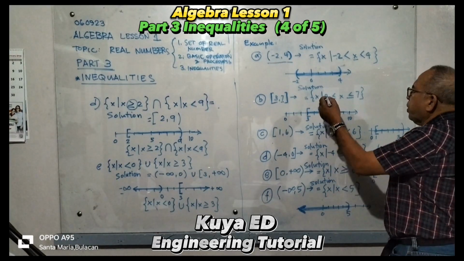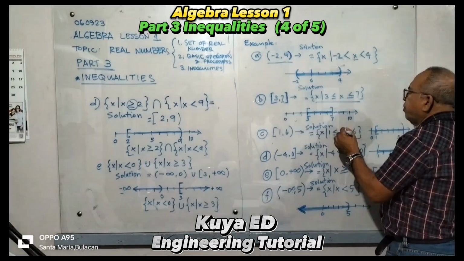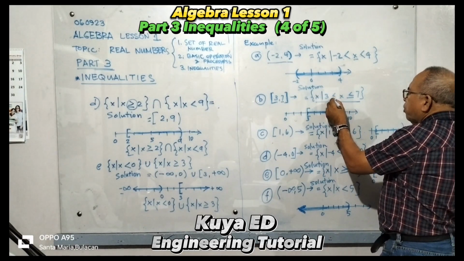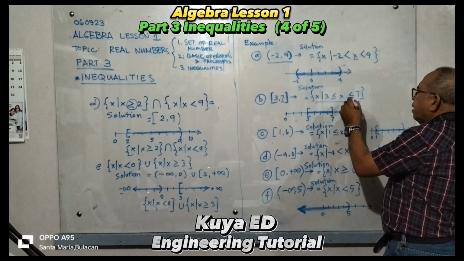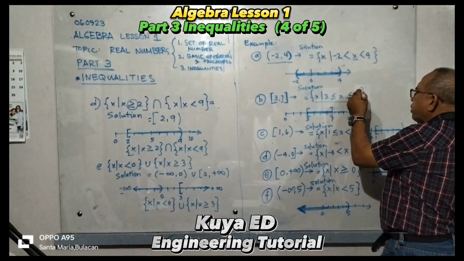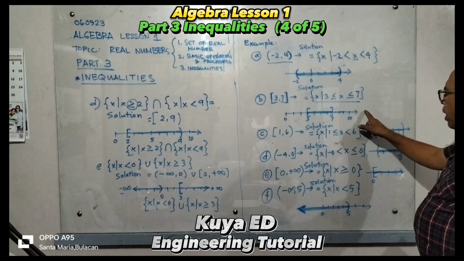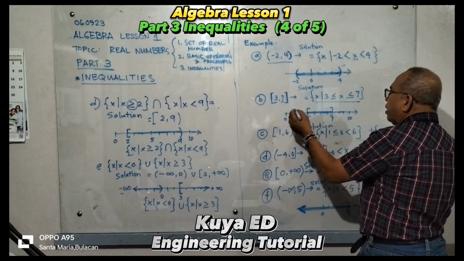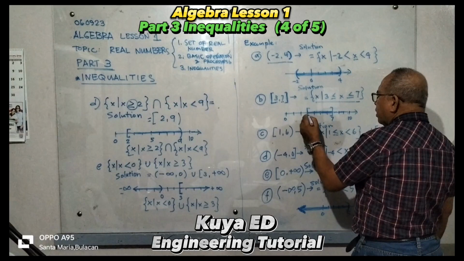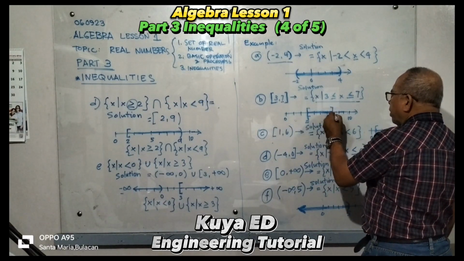So that's why our expression here, interpretation of the term, we have x such that 3 less than or equal to x, then x is less than or equal to 7. Now, the drawing is expressed by this way. Now, since they have a bracket here, so we use the bracket at 3 and then bracket at 7.